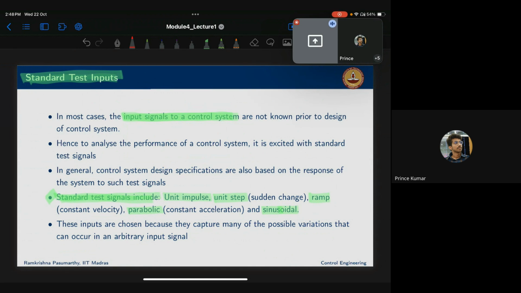Yes, correct. But after solving, it says it is not a unit parabolic. What is the signal you took? T square. In one of the questions, wait a second, I will tell you. Can you ask the question at the end? Okay, that would be better.